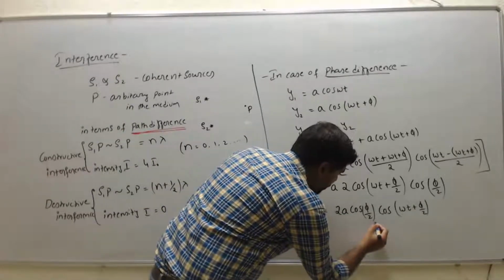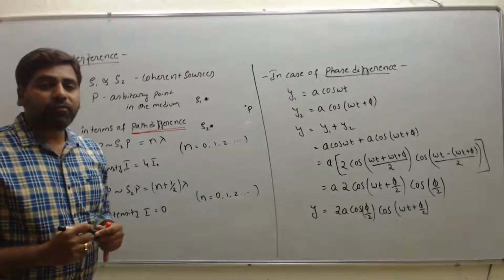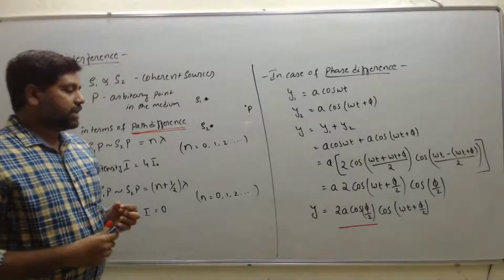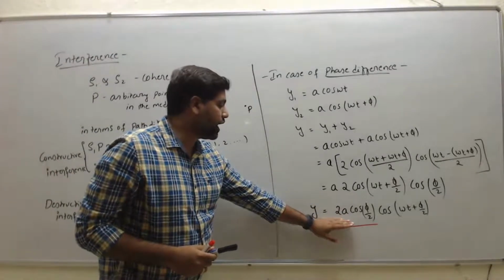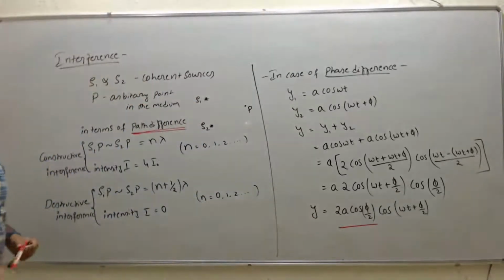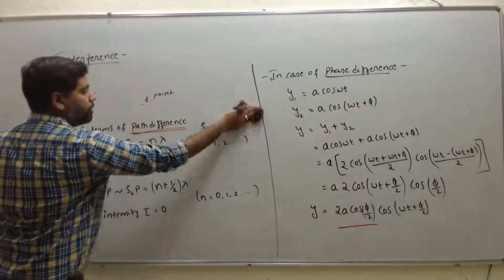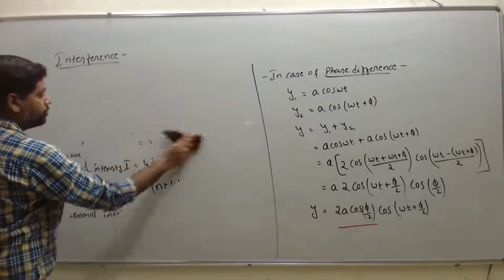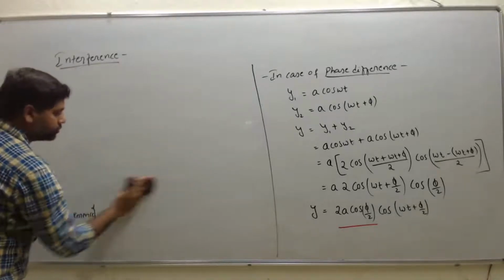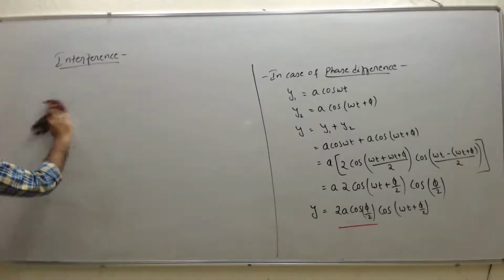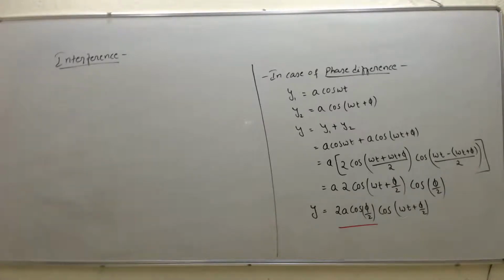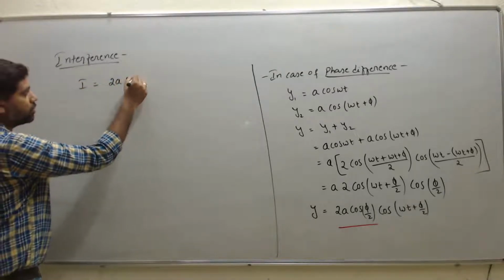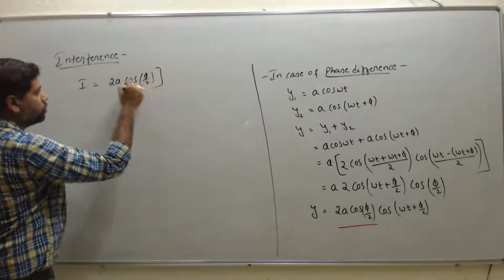So if we write the intensity for the resultant amplitude, that is I equals amplitude squared, that is (2a cos pi by 2) whole squared.